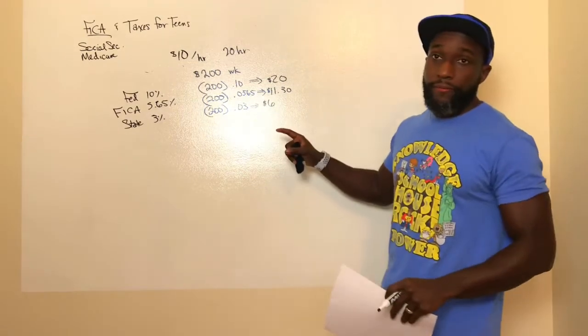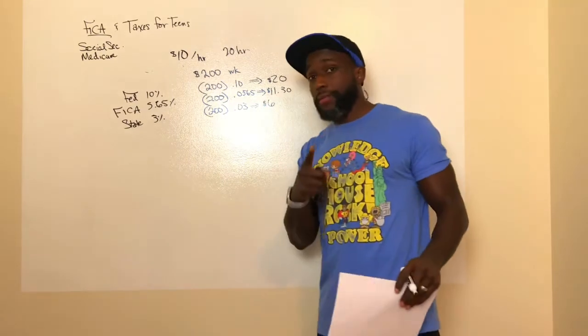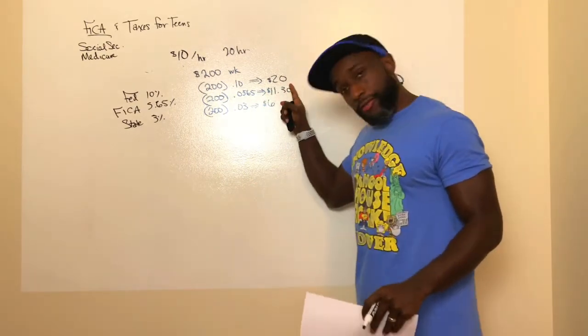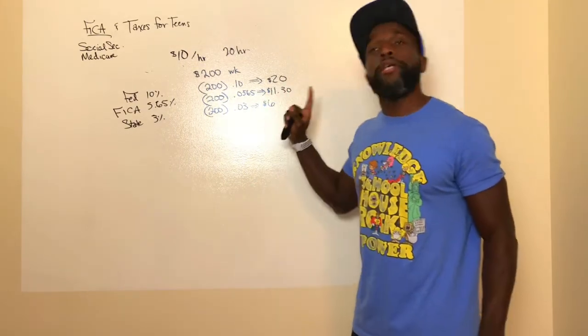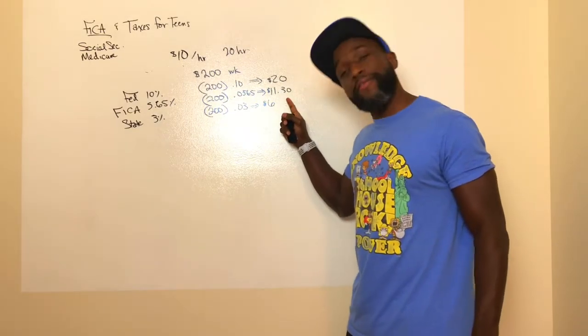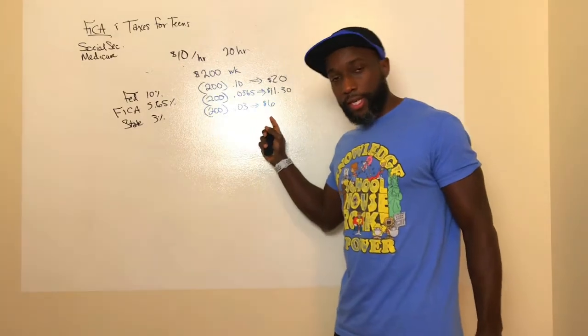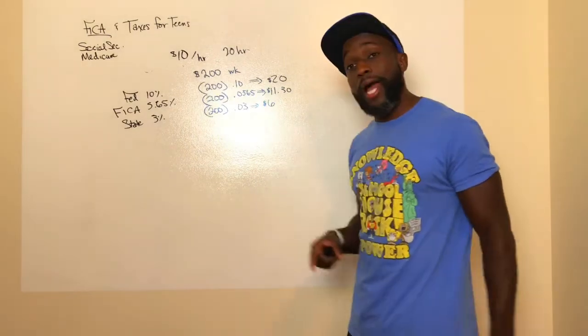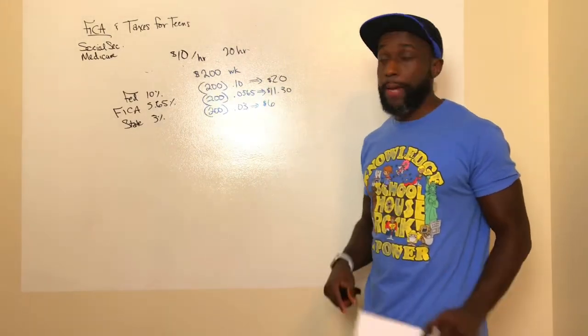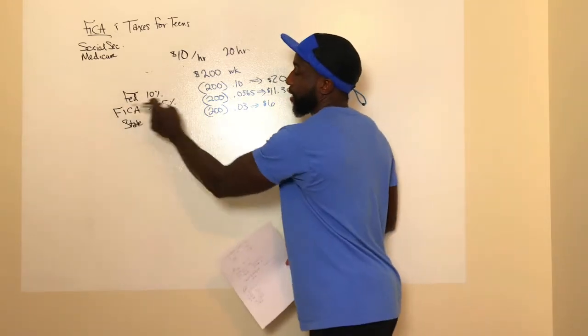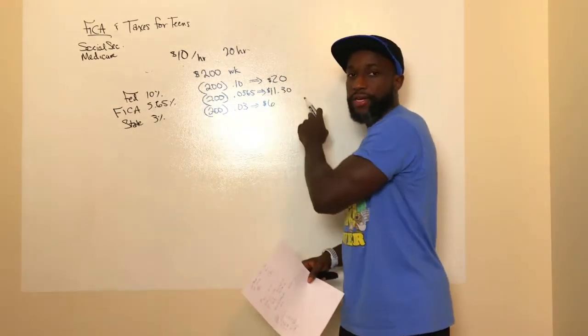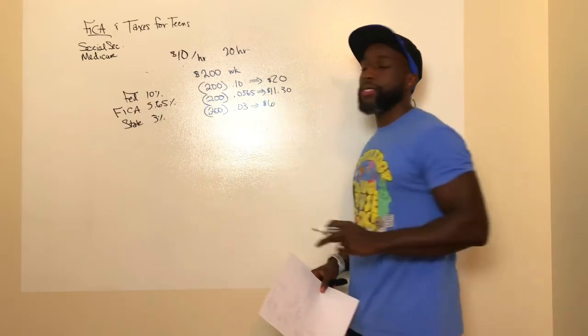So every week, as you're working this part-time job, the federal government wants $20 of that. Social Security and Medicare wants $11.30 from it. And the state that you're working in, in this particular example, wants $6 from your $200. All right? So that's the federal taxes amount, the FICA tax amount, and your state tax amount.